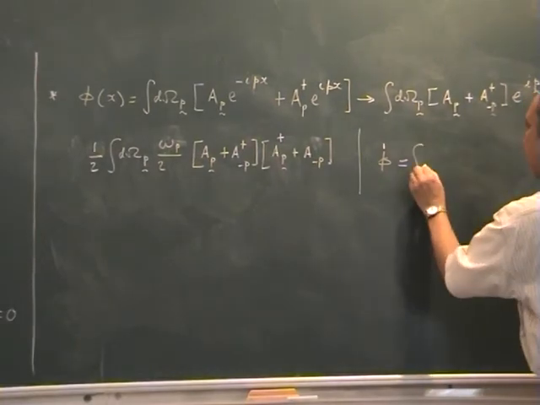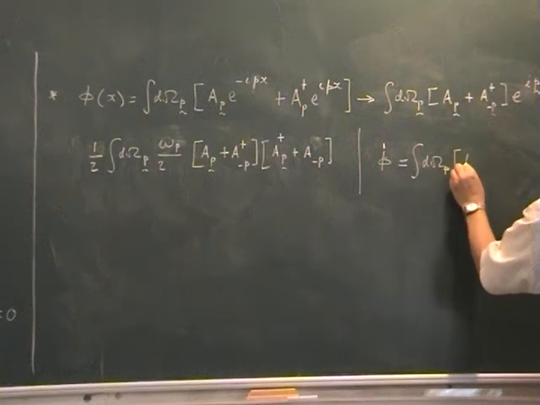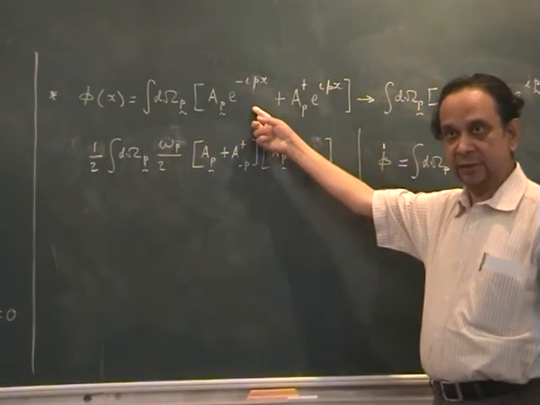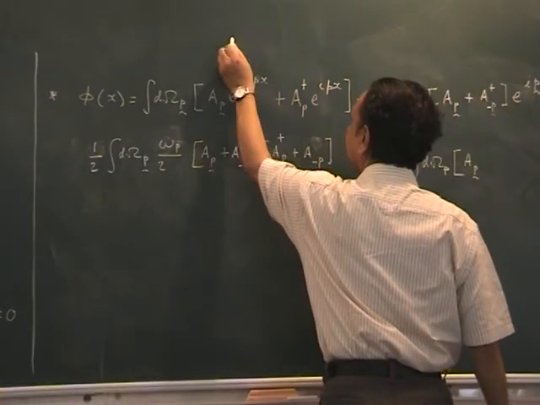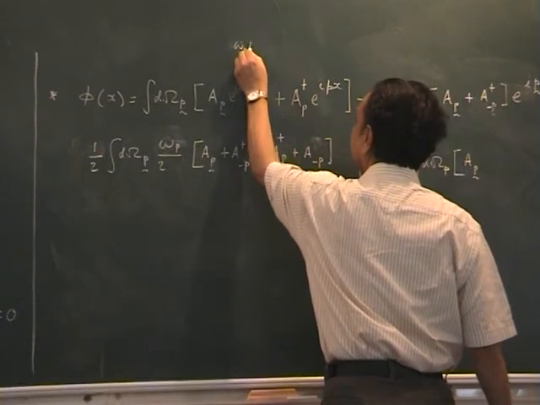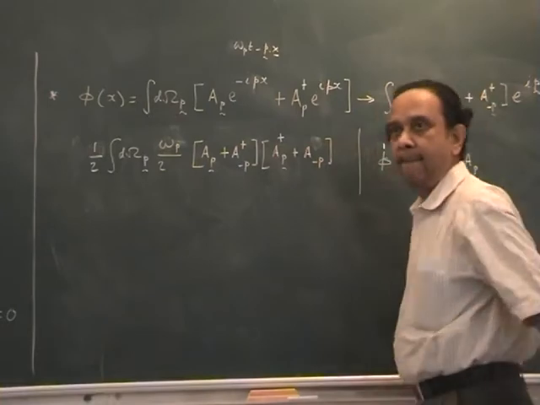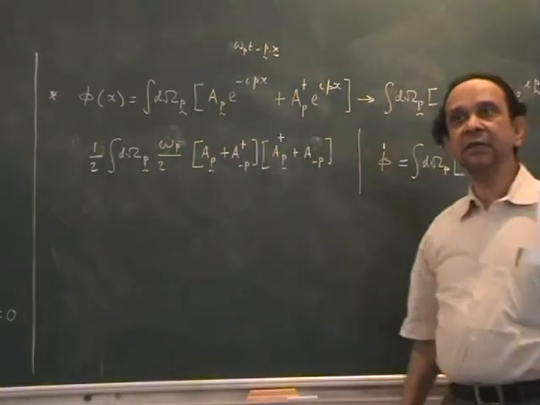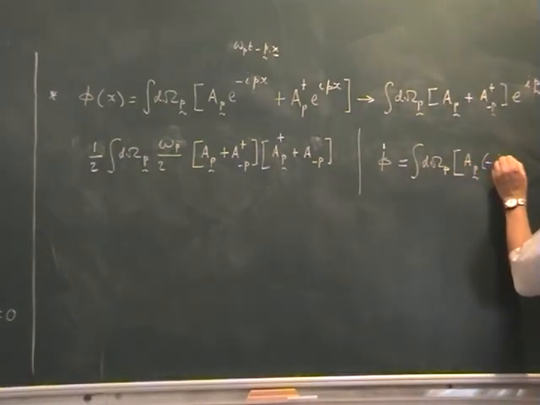That will be d omega p, a_p. I am taking the time derivative of this. So px has a p0, which is omega p t minus p dot x. Right? So I am taking derivative with respect to t, so I will get a minus i omega p. So I get minus i omega p.